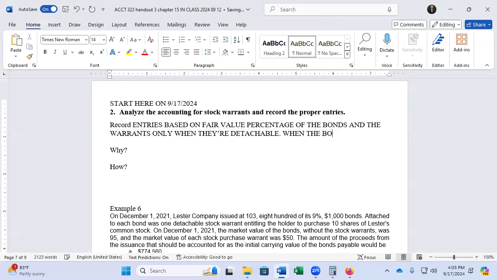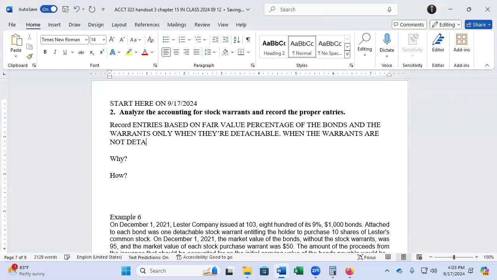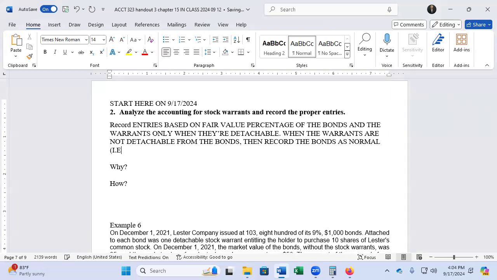When the warrants are not detachable from the bonds, you record the bonds as normal, i.e. no warrants.